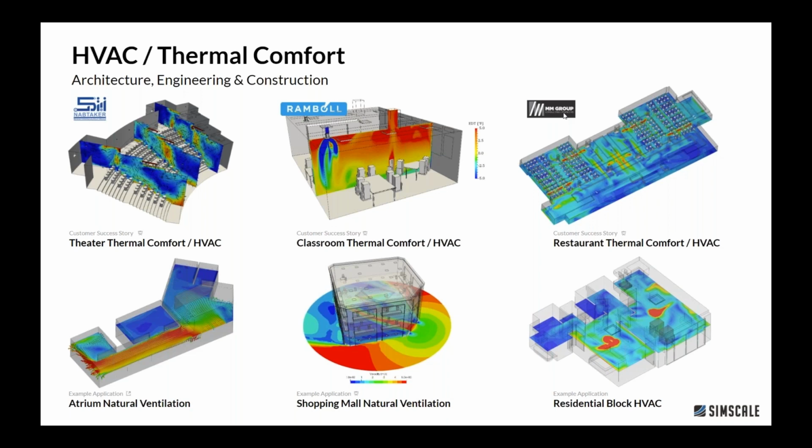We can do single rooms, single classrooms, for example, as you can see on the top middle, but also large areas such as the top right restaurant thermal comfort study. On the lower middle side, you, for example, see a case study where we did a mixed ventilation analysis where we have analyzed the complete building performance in an environment where we combine outdoor and indoor simulation within one analysis.